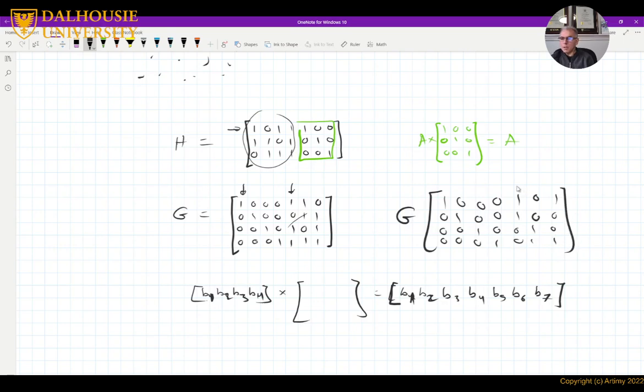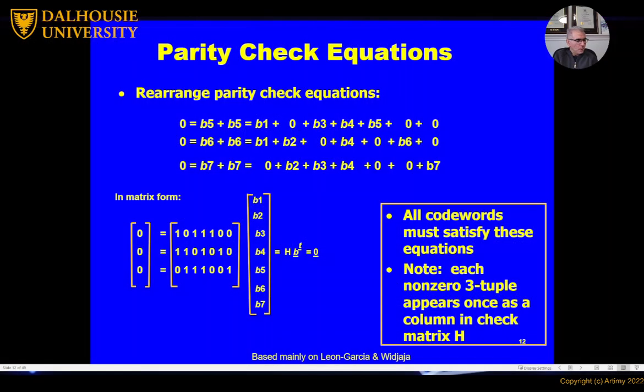The only condition is that I don't create any identical columns. So I cannot create two identical columns. As long as I don't have any identical columns, you can build any G matrix you want and it will work. Okay? Maybe we'll do this as an exercise.